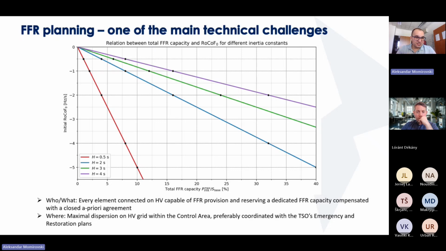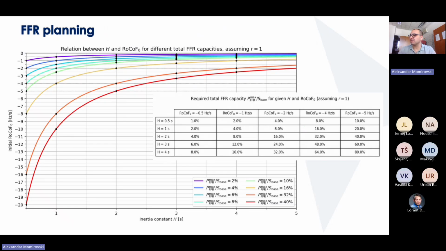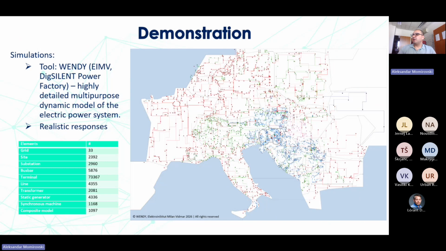Now, just a few minutes to show the demonstration part of these actual FFR responses. So we started from the very same actual backbone of the system, but we diverged from it in order to upgrade it in really detailed manners, because we were dealing with some system splits, some emergency states of the system.